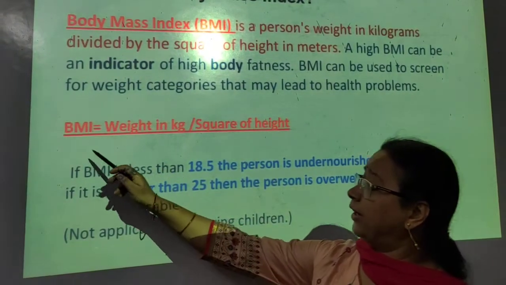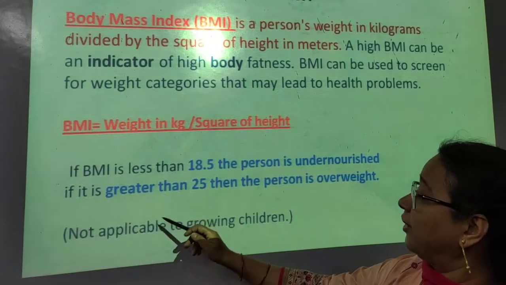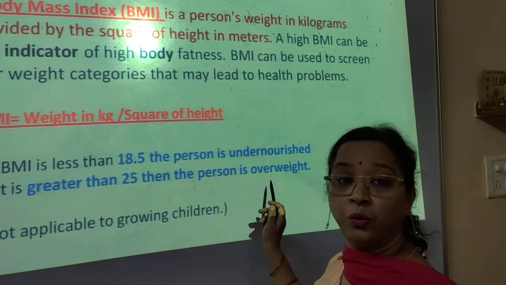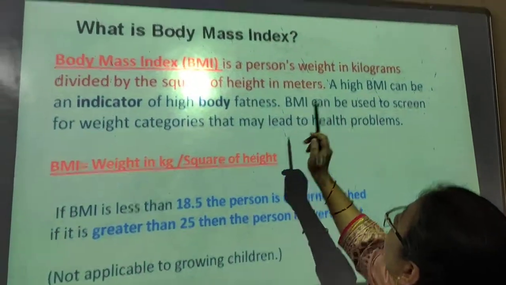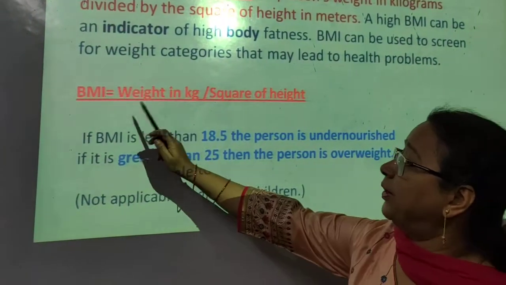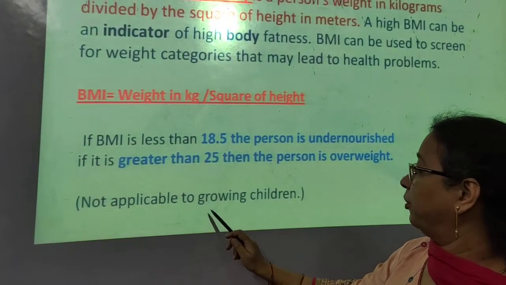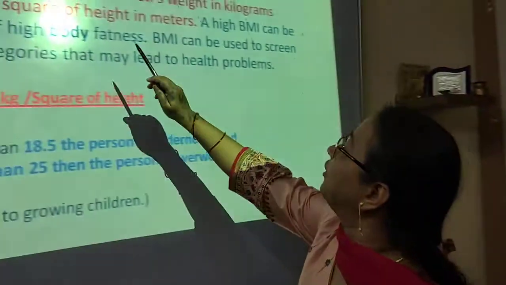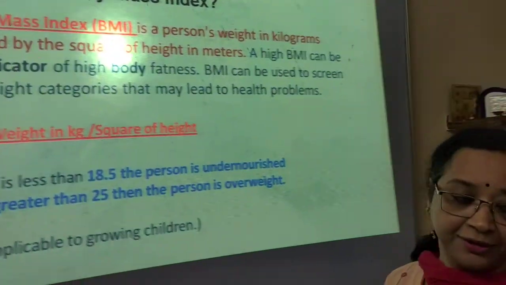Similarly, if the BMI comes to more than 25, it means the person is overweight. It tells the fatness of the body. But this BMI is not applicable for growing children. It is just an indicator of body fatness.